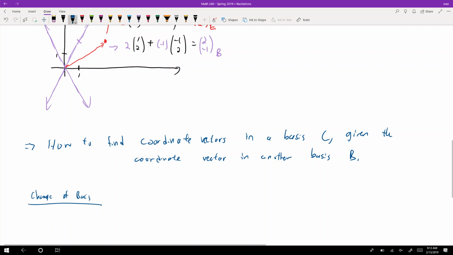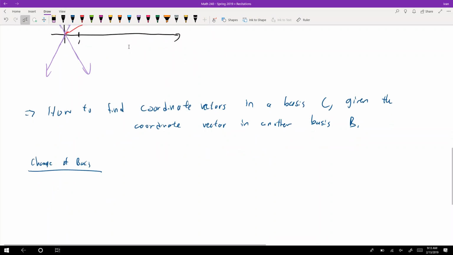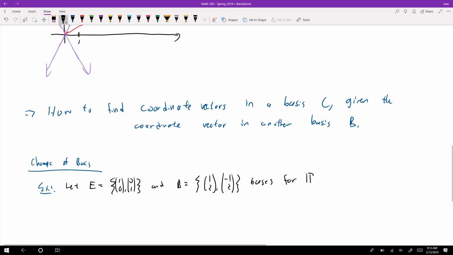So here's what the problem statement of these problems usually look like. Example. Let E be some basis, (1, 0), (0, 1), the standard basis, and B be (1, 2), (-1, 2), bases for R2.